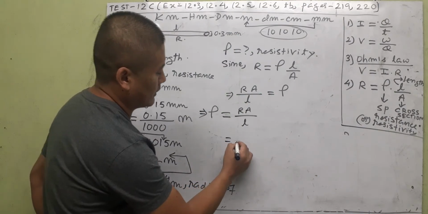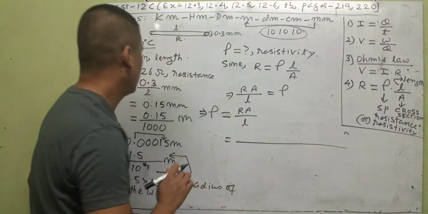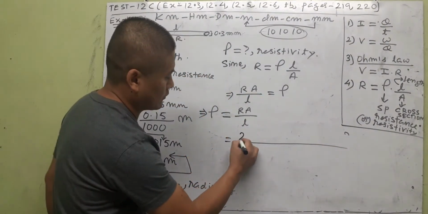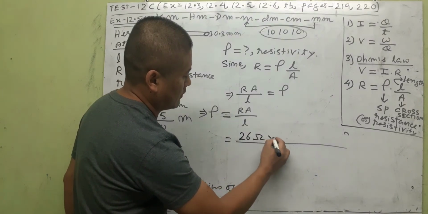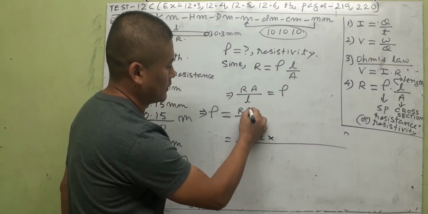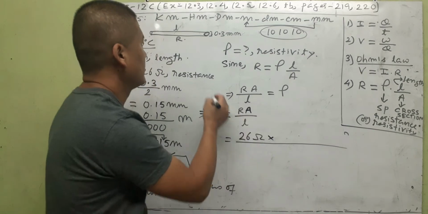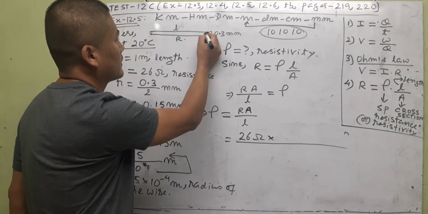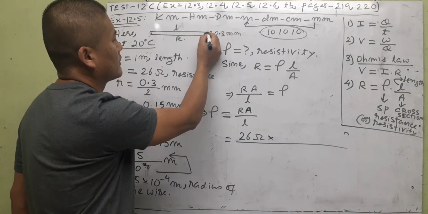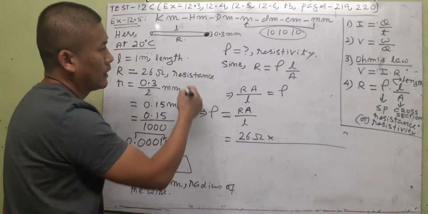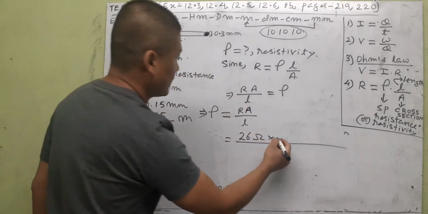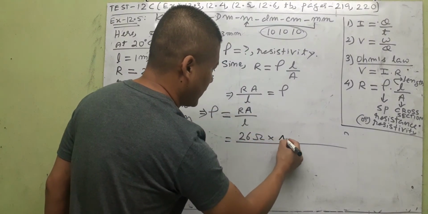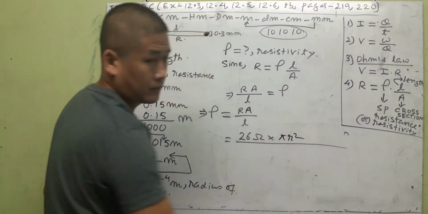Now let us start writing. R, as you can see, is 26 ohms. Cross section means the thickness of the wire. Since every wire is circular, it will be the area of the circle, which is pi r square.